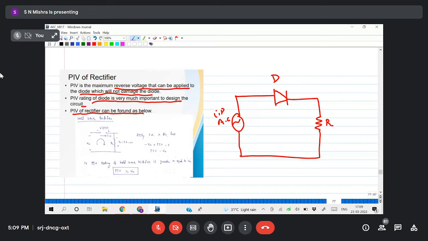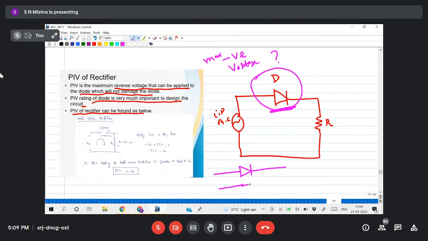Now across this diode I want to find the negative voltage, or the maximum negative voltage I can apply. So negative voltage means obviously I should bias the diode in the negative direction. Negative voltage means the negative half cycle. If you remember, because 3-4 concepts are combined here, we have discussed whenever the diode is in forward bias condition, we can replace it with a short circuit.